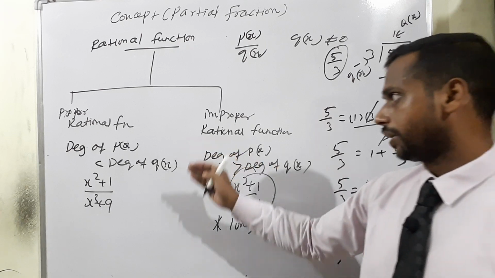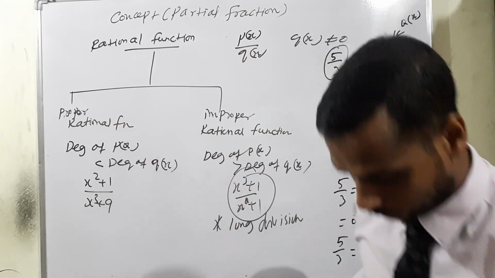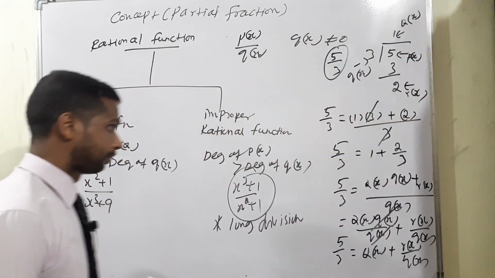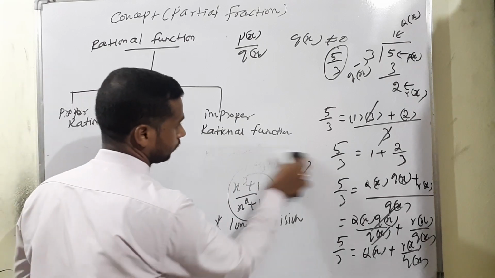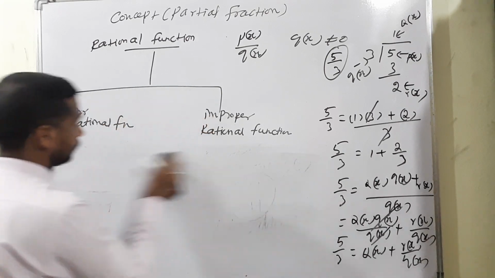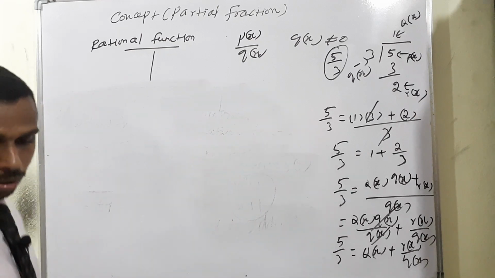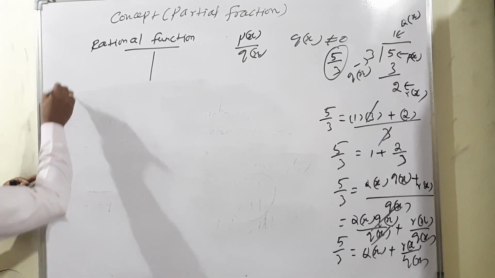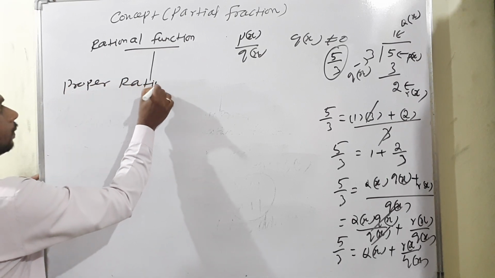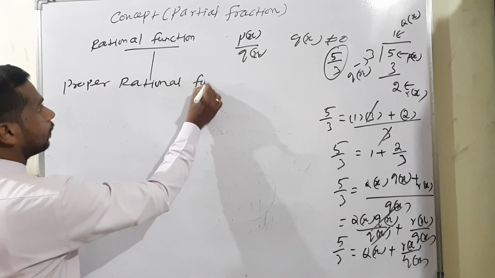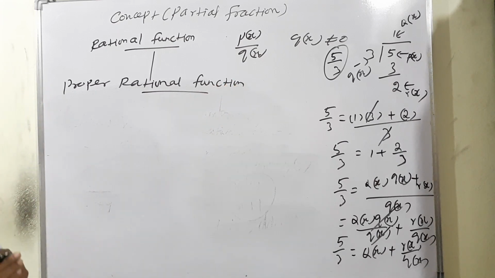So now we will discuss what types there are in a proper rational function. Okay, let's see one by one. So for a proper rational function we have different types.